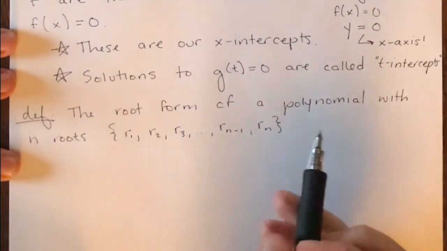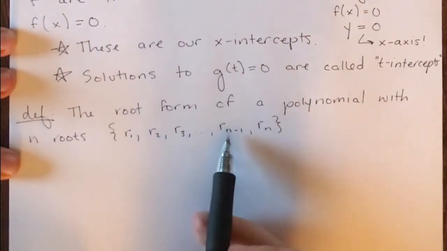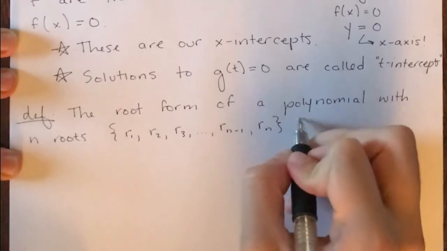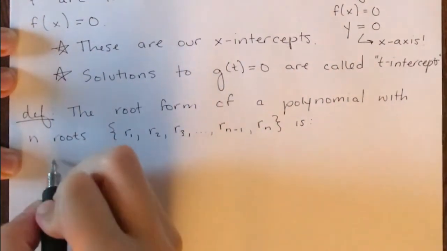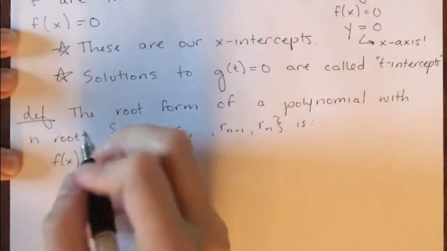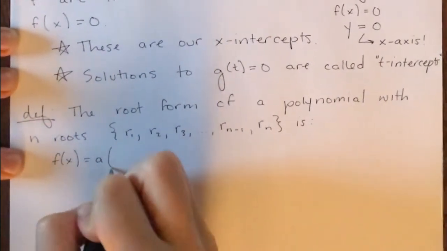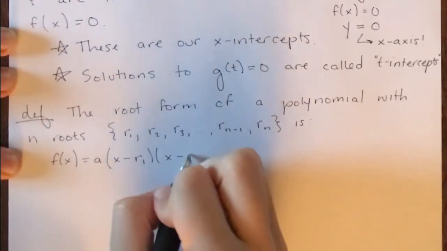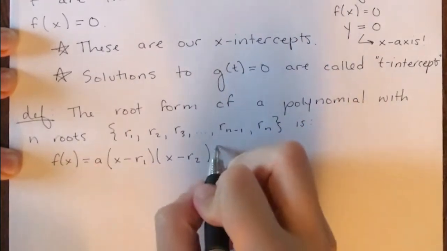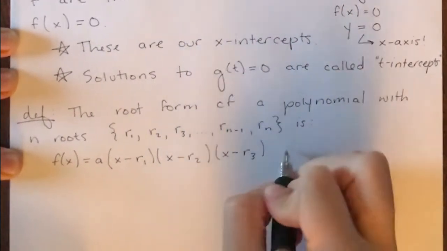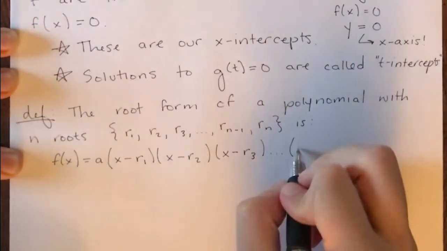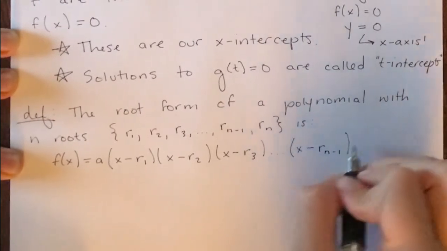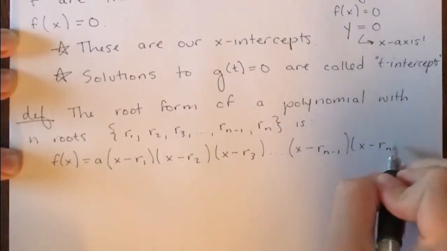If n was 6, then we'd have R1, R2, R3, R4, R5, right? 6 minus 1, and R6 is f of x equals a times x minus R1 times x minus R2 times x minus R3 all the way up to x minus Rn minus 1 and x minus Rn.